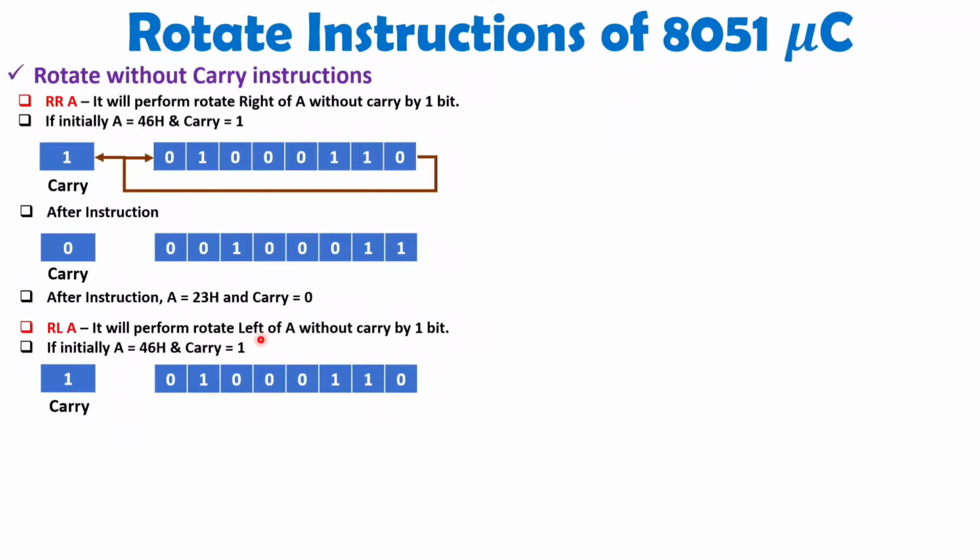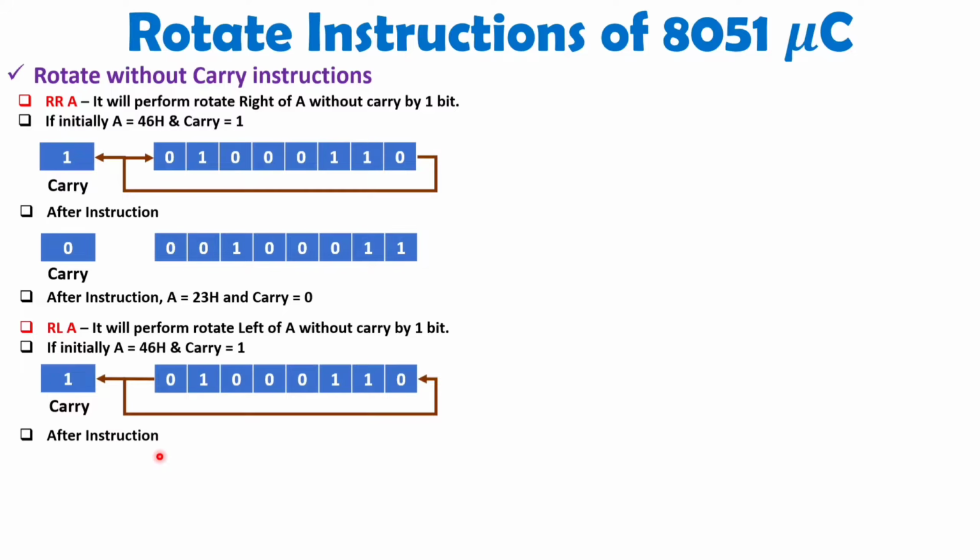Now we are dealing with rotate left, means this side we are rotating about. So what will happen? Obviously this 0 will go in carry as well as this 0 will come over here in the LSB of the accumulator after execution of this instruction, and all these bits will get shifted left by 1 bit.